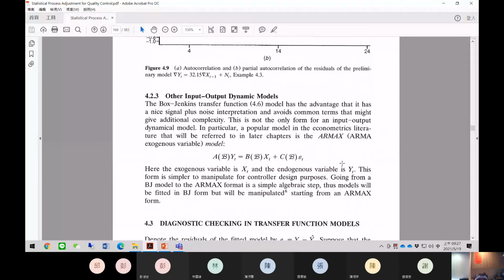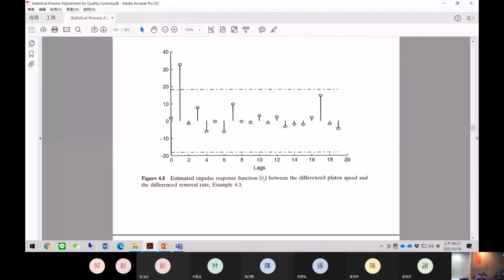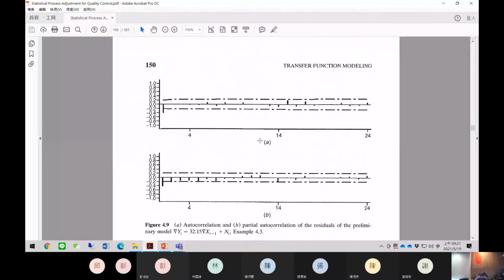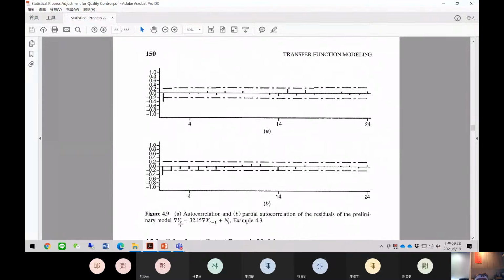Let me describe a little bit. Look at subplots A and B in Figure 4.9: the autocorrelation function and partial autocorrelation function of the residual of the preliminary model with differenced data. Why with differenced data?